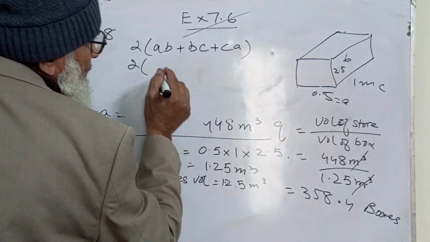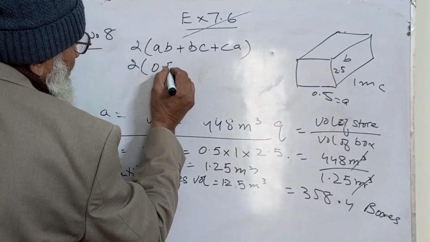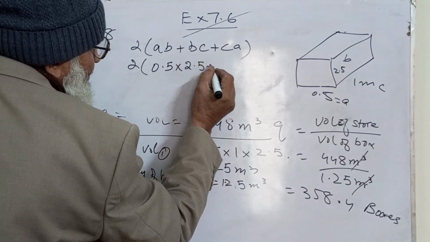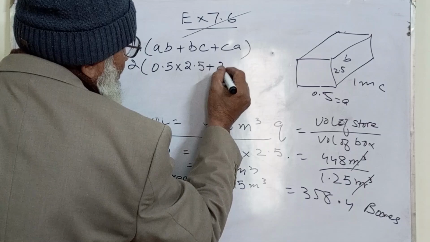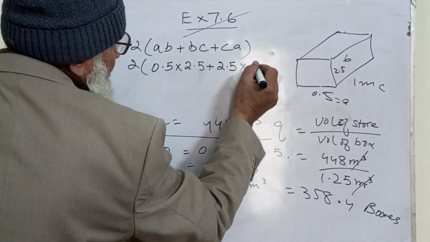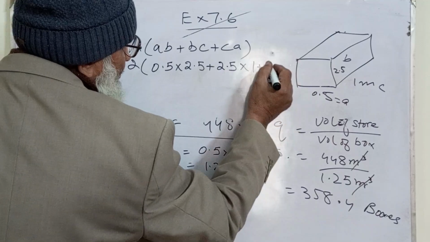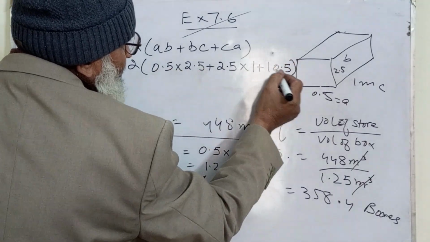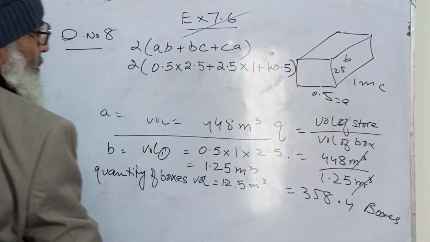Now AB is 0.5 multiplied by 2.5, plus BC is 2.5 multiplied by 1, plus CA is 1 multiplied by 0.5.